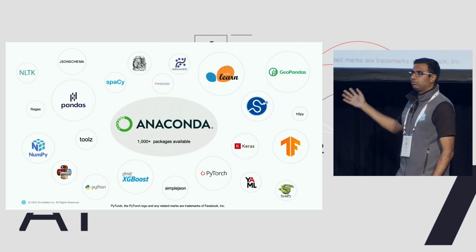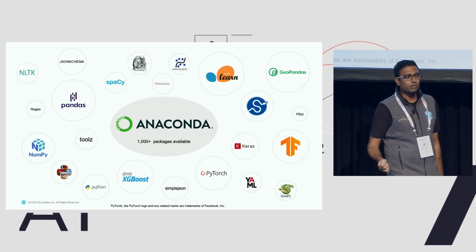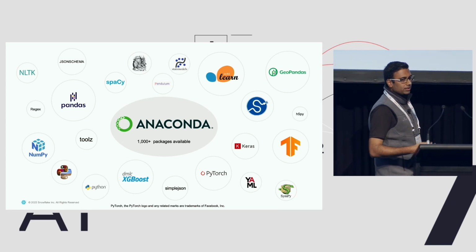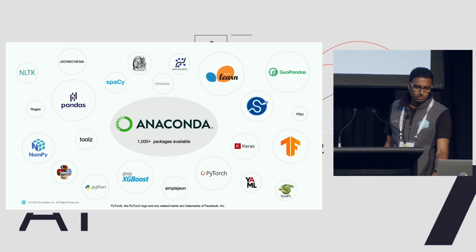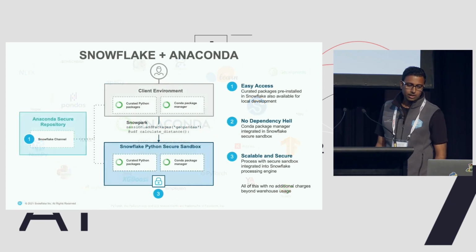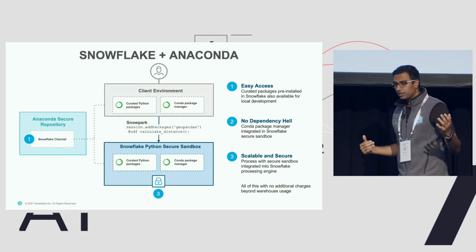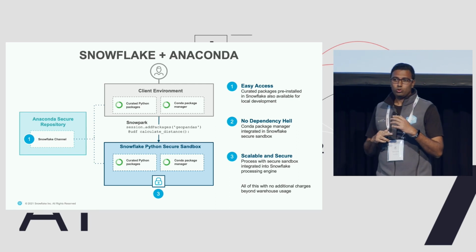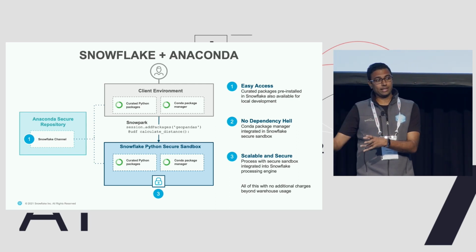There are 1,300 plus libraries, different versions of libraries, on the Anaconda channel right now. We keep on adding these packages, but you can see most open source packages are available on this Anaconda channel. It's a public channel. It's available for both client side and server side. So you can use it if you want to use it on the client side.